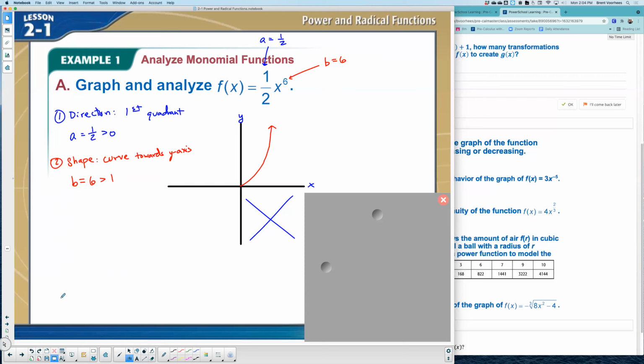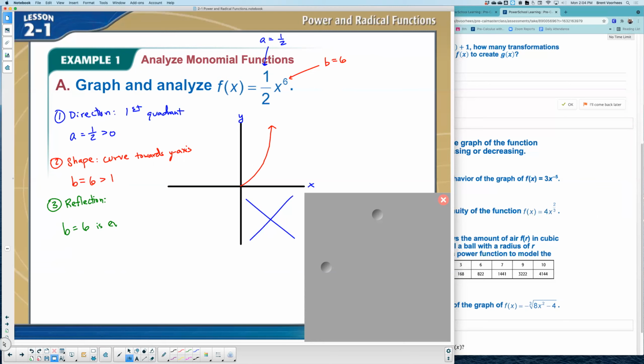That's step 2. Step 3, when predicting a graph without a calculator, is you now look at the power to determine what's going to happen on the left side of the graph. So this is what I call the reflection. B equals 6. Is 6 an even number or an odd number?